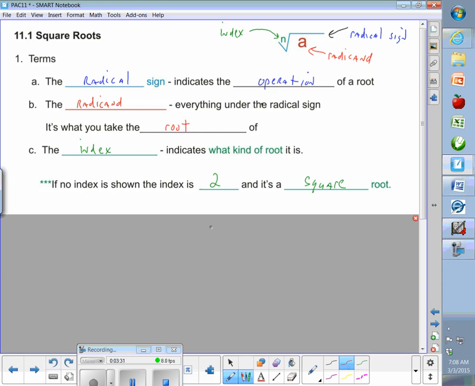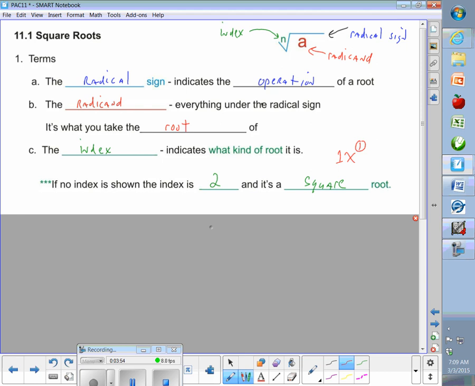Now, let me give you an analogy. You don't need to write this in your notes, but look right above the word square there. If we had just a variable x, we understand that there's one x, right? But we don't write the 1 in front. We know it's 1x, but we don't write that 1. Also, what would be the exponent of this x?